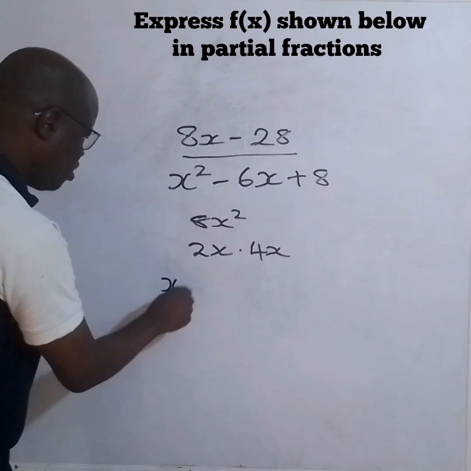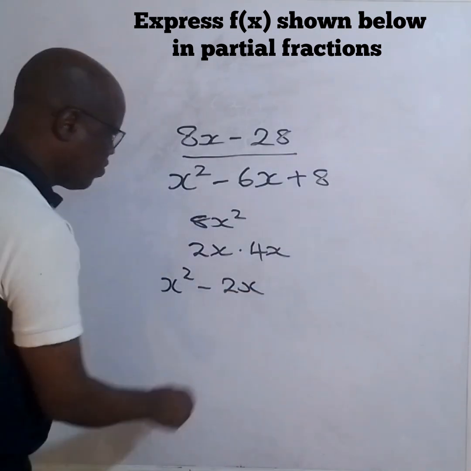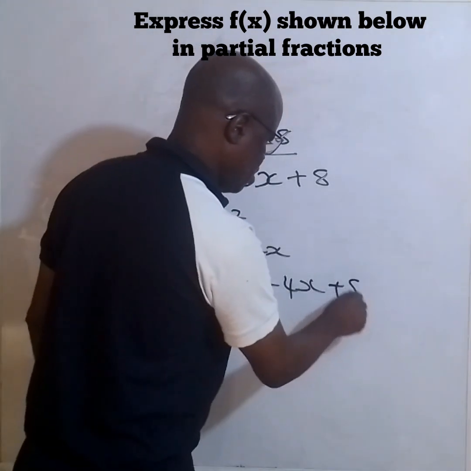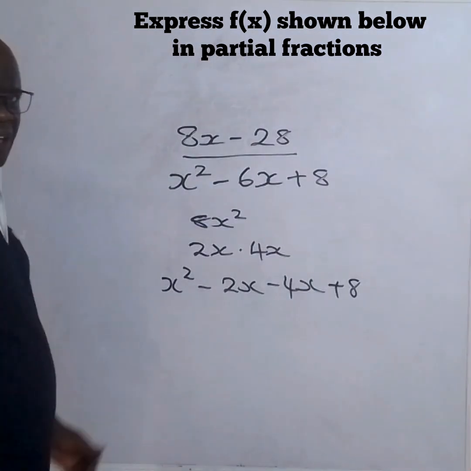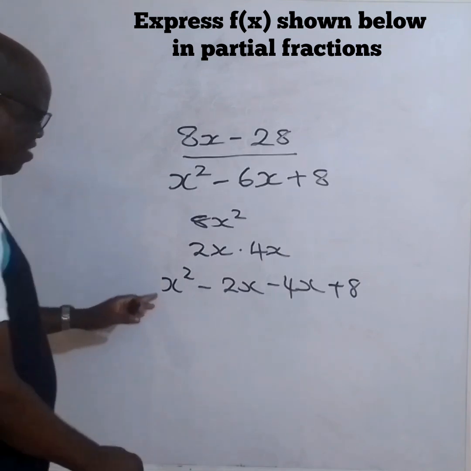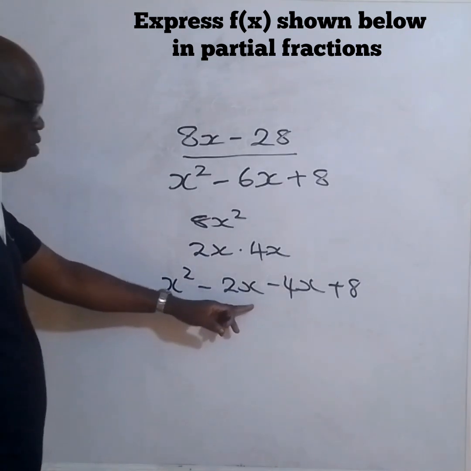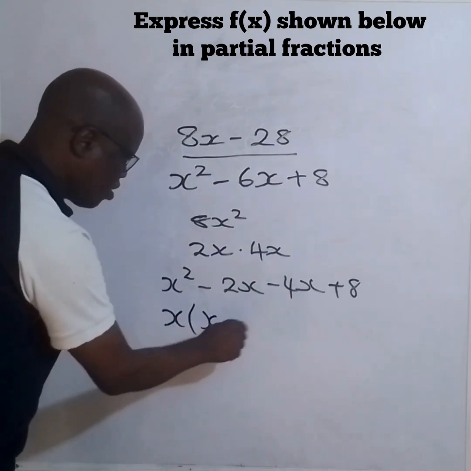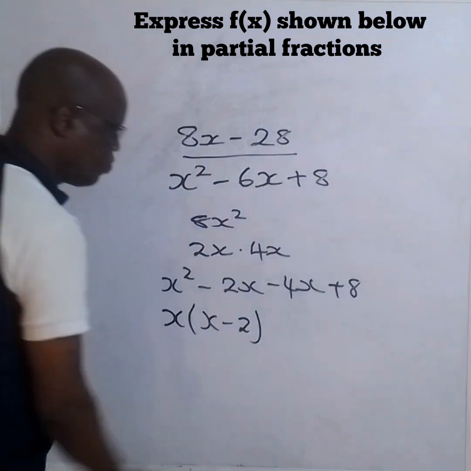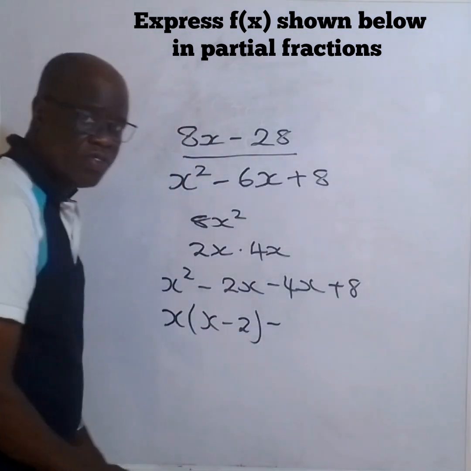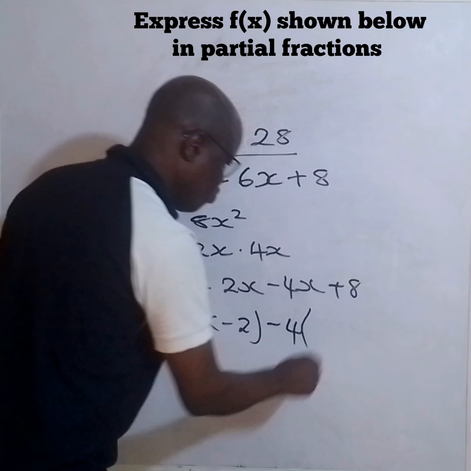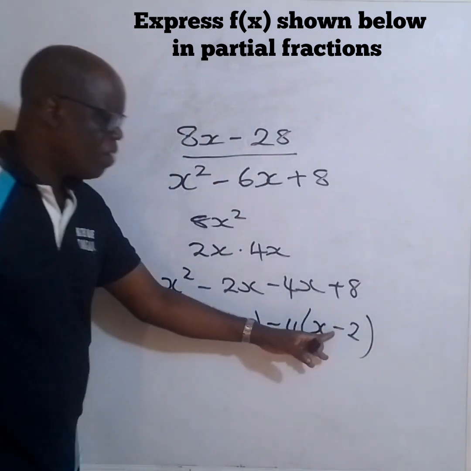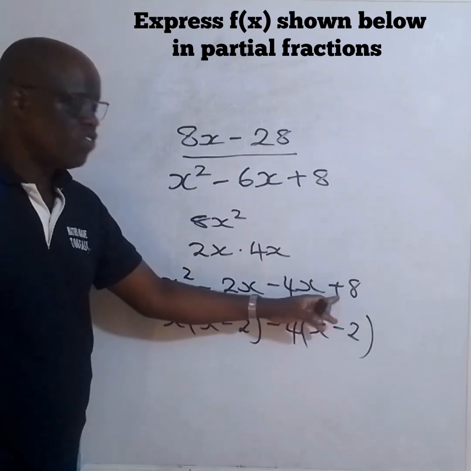So, you have then plus 8. We are factorizing. So take this and this. What is common here and here? You have your x into x minus 2. Then put your minus 4 into x minus 2. It must be minus here because minus and minus is plus here.